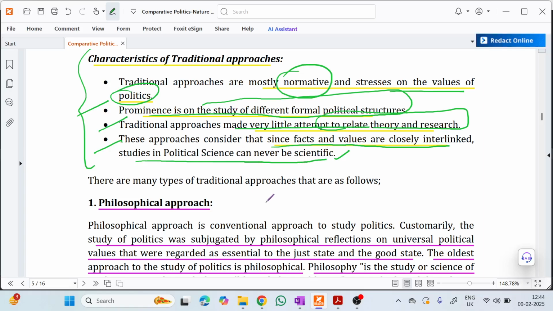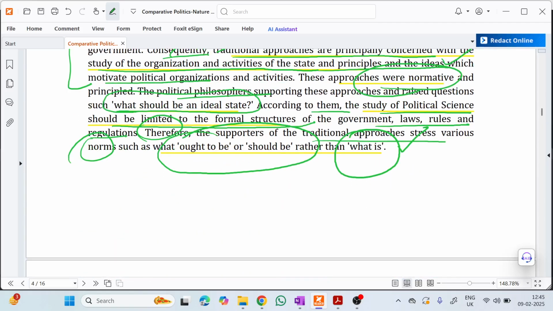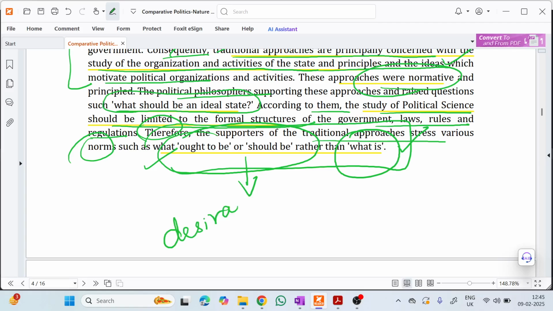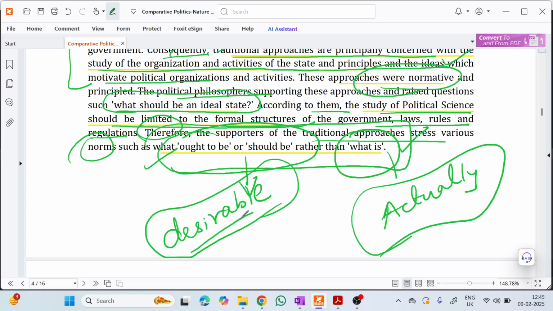Yes, the third one, the traditional approaches made very little attempt to relate theory and research, and the answer to which is eminent here, which is they structured their studies in terms of what it should be. So it was a desirable framework that they sought while studying, not what it actually was. So even if they were studying the formal structure, their idea in the back of their mind was the desirable characters.